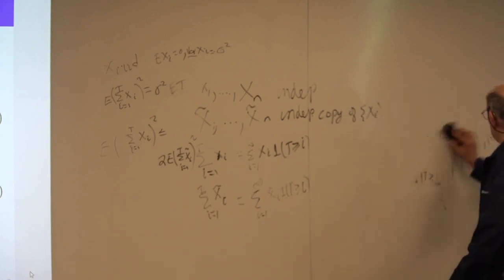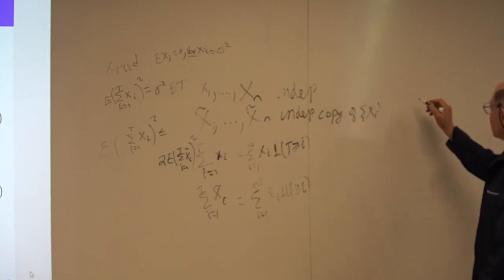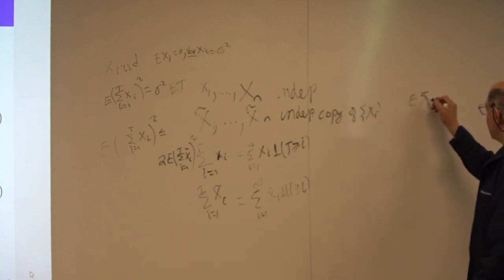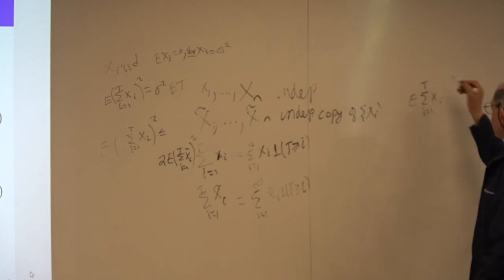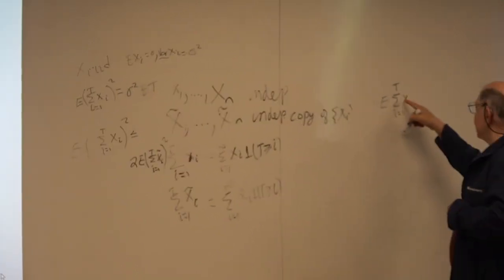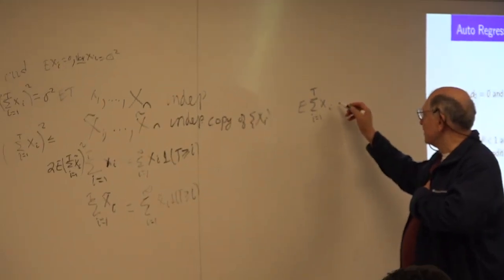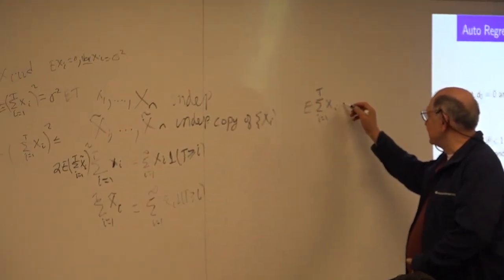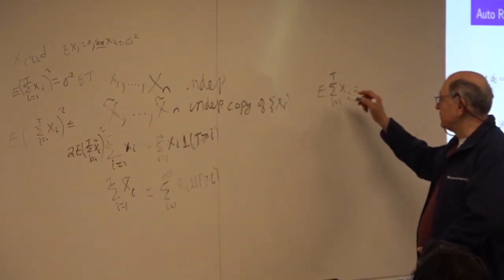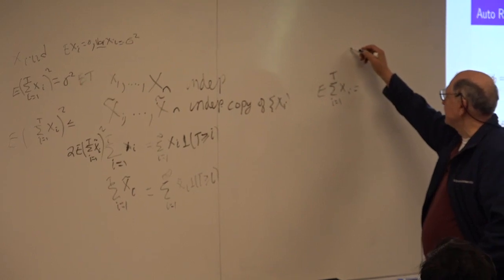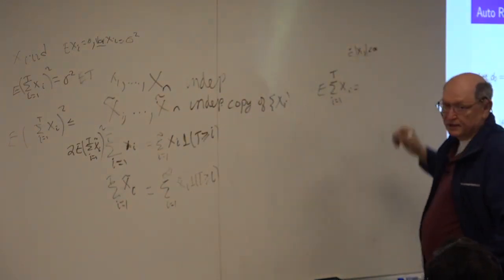But with Wald's first equation, we have the expected sum of x sub i, let's take them independent, not identically distributed, with a finite mean. If they are identically distributed, then what does Wald's equation tell us, if the expected value of x is less than infinity?